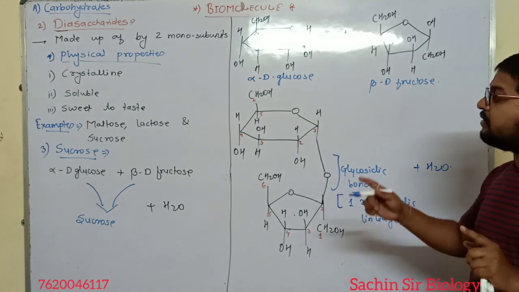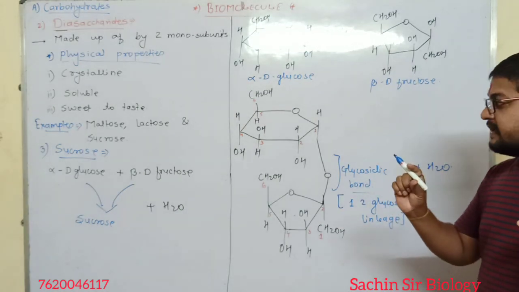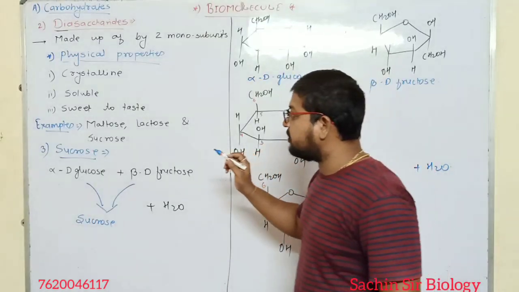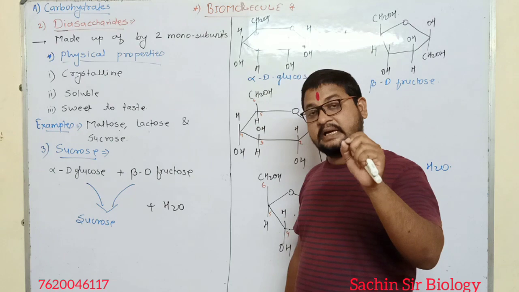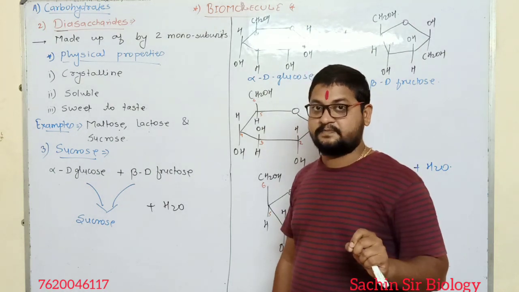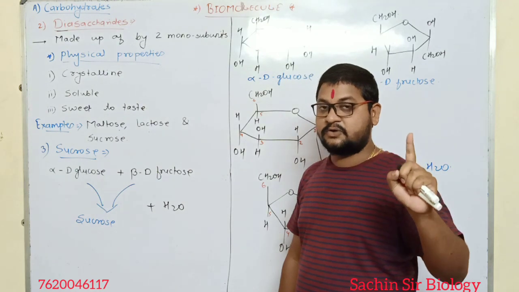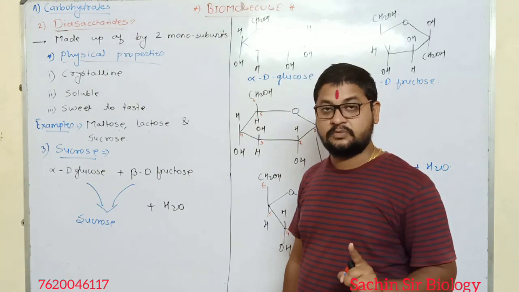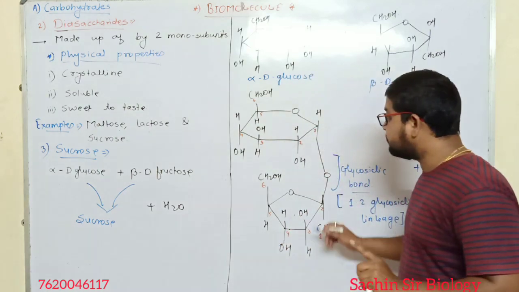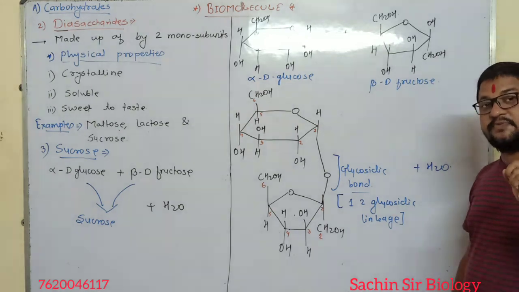You should know this in all these three cases. And what is the trick? Like in maltose and lactose, a 1,4 glycosidic linkage is formed, meaning from the first carbon hydrogen and fourth carbon hydroxyl group are removed. You understand? In sucrose, a 1,2 glycosidic linkage is formed.